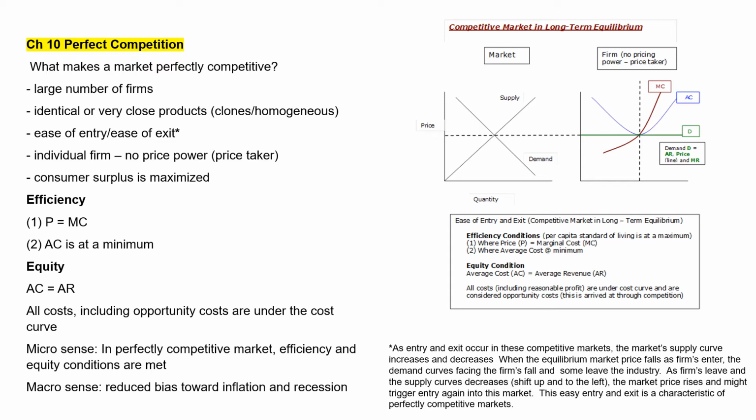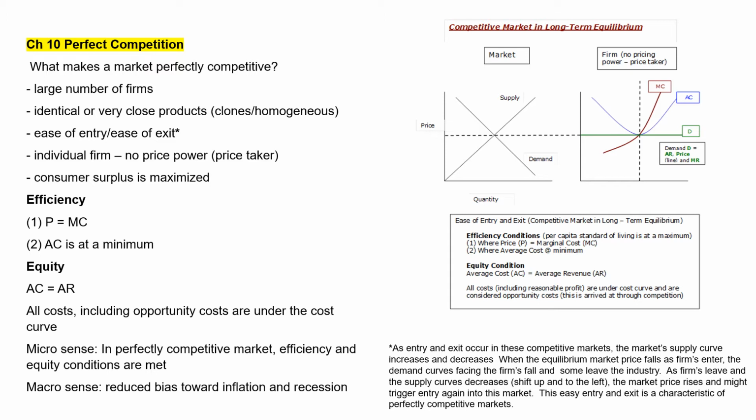In this case, efficiency, remember what we mean by that is the biggest bang for the buck, meaning that you're producing the maximum number of goods and services at the lowest possible price, right? So equation-wise, we're looking at price equal to marginal cost. It's that point where marginal cost crosses price and where average cost is at a minimum. So all three of these come together.